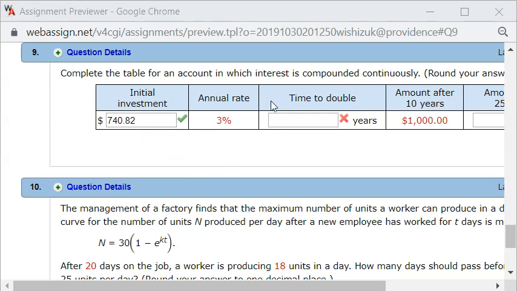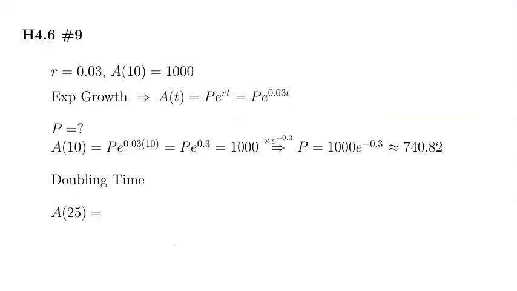All right, so let's find the doubling time. In order to find the doubling time, we're going to start with the original formula here. This is the amount after t years. Since we're talking about doubling time, we're going to double the initial investment, which is P, so we set it equal to 2P.